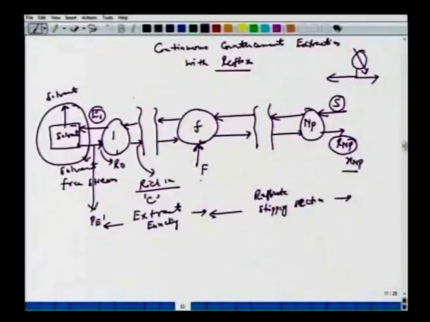In this case also, the treatment is very similar to what we had in the case of the distillation column.